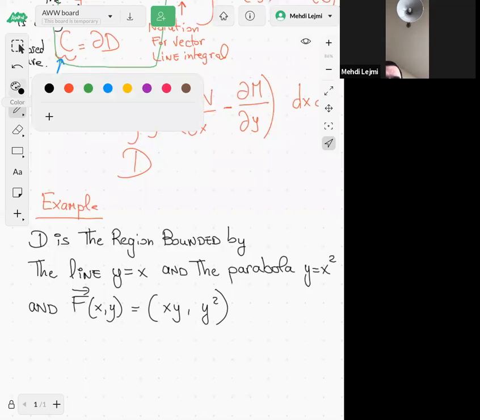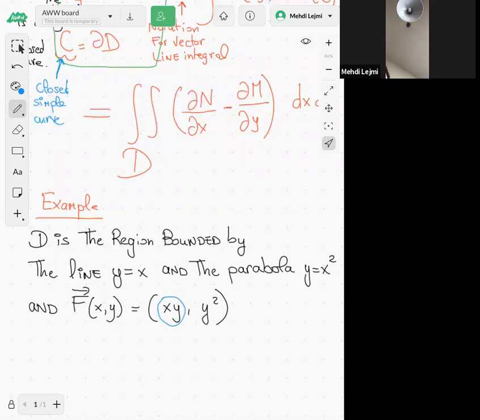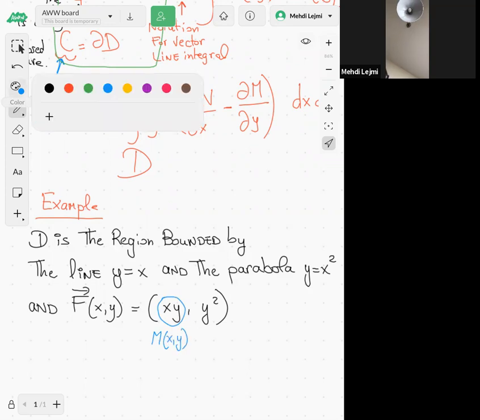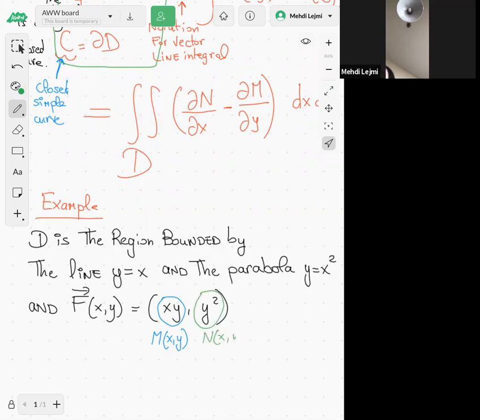In the notation of Green's theorem, this is my function M of x,y, and this is my function N of x,y.